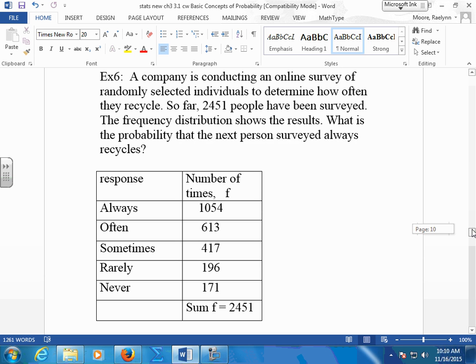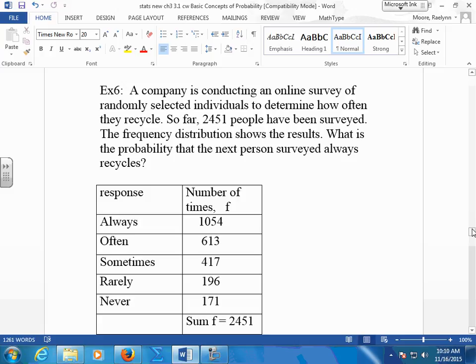So we have a company, and they're conducting an online survey of randomly selected individuals to determine how often they recycle. So far, 2,451 people have been surveyed. This frequency distribution shows the results of the survey. What is the probability that the next person surveyed always recycles?